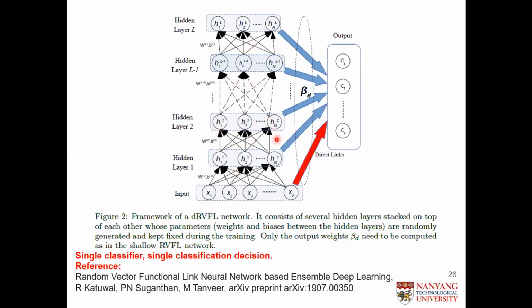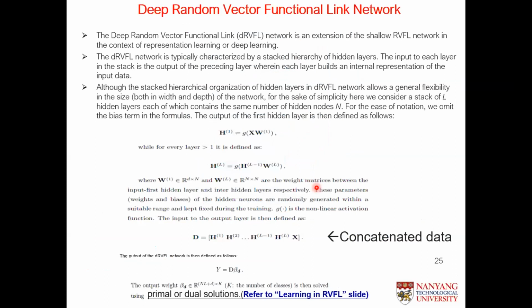And we collect the features from hidden layers. Every hidden layer, the outputs are collected and the features are concatenated. So once you concatenate all these features, then you apply the same closed form solution. But the dimensionality is certainly increased here. But the final solution is the same. You can make use of the same final closed form solution, but the notations may be slightly changed to introduce the hidden layer numbers.